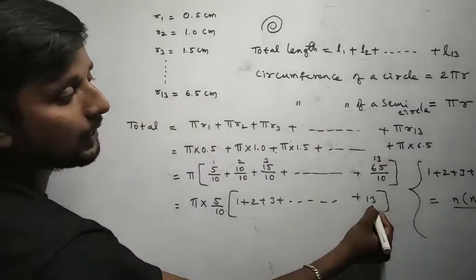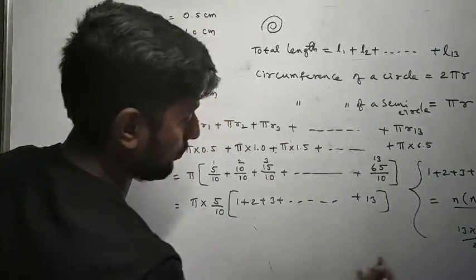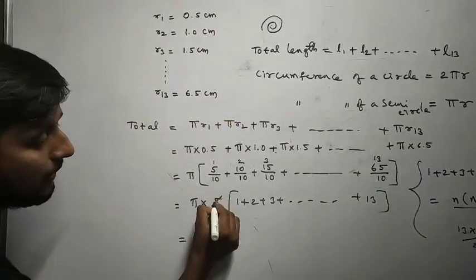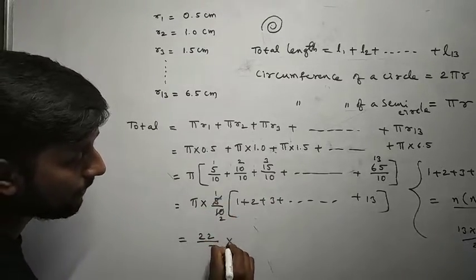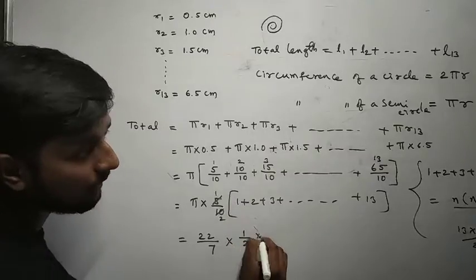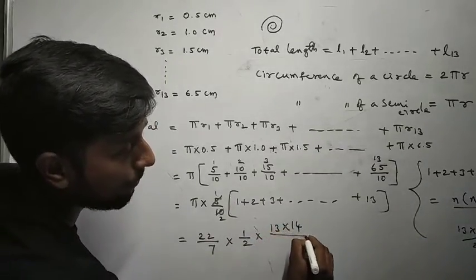Here the n value is 13. So we can write 13 into 14, n plus 1, by 2. Now, the pi value we can write as 22 by 7, and here the left 1 by 2, and from the formula we can write 13 into 14 by 2.